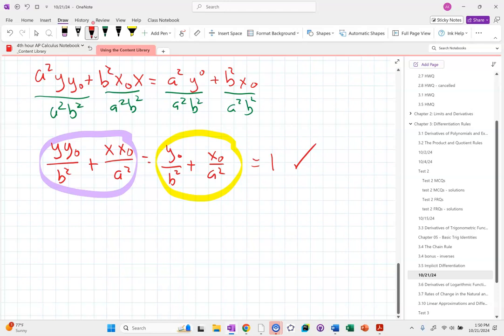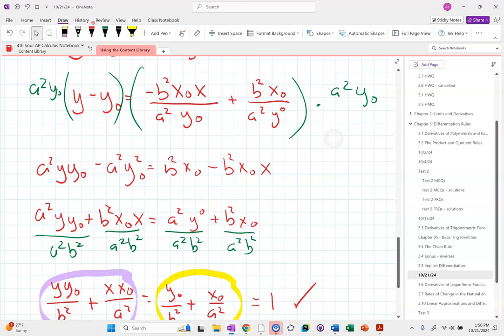The algebra got gross there, but is that okay, Lucas? Addie? Can you scroll up just a tiny bit? Where did the y naught squared, you moved it to the other side? Why did it just become y? Oh, I don't know. Let's see.